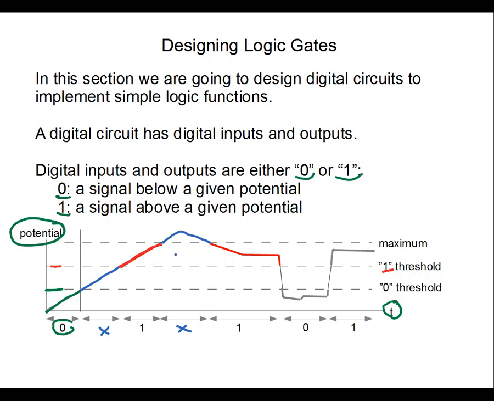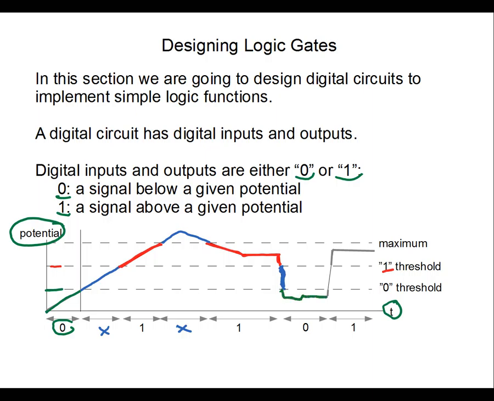Now what happens when the signal goes below the maximum threshold, indicated here? This signal is interpreted to have a 1 value. Then it goes through this undefined zone, where we really don't know what it is. And when we go down below the 0 threshold, the signal is interpreted as a 0.